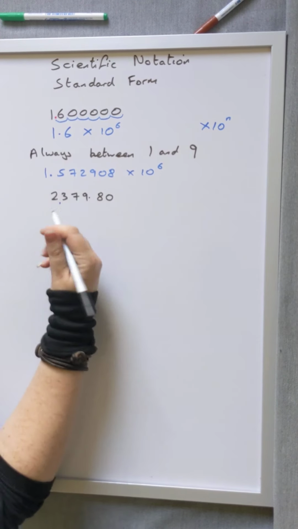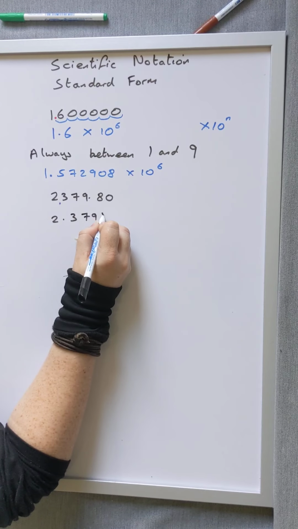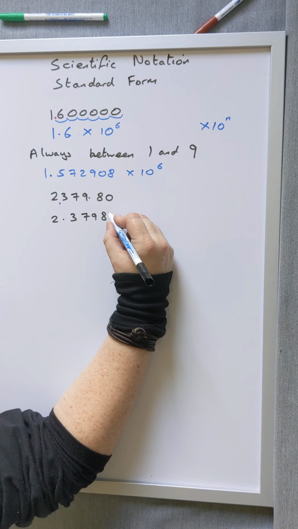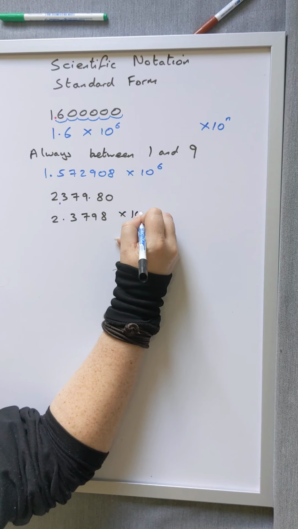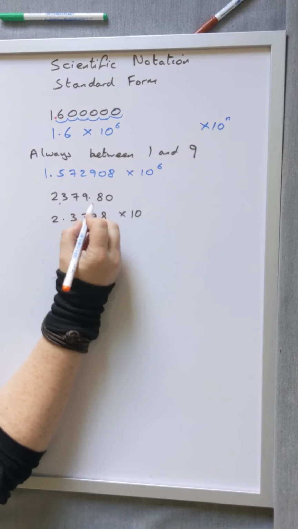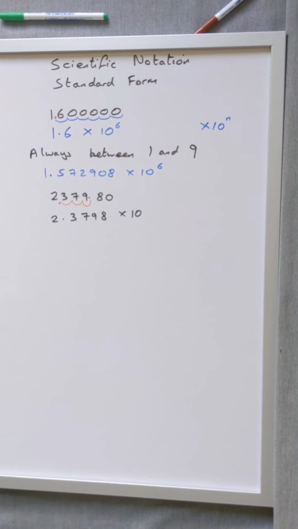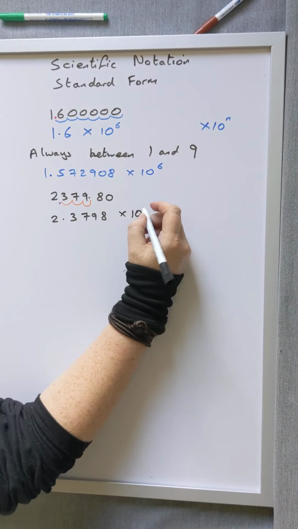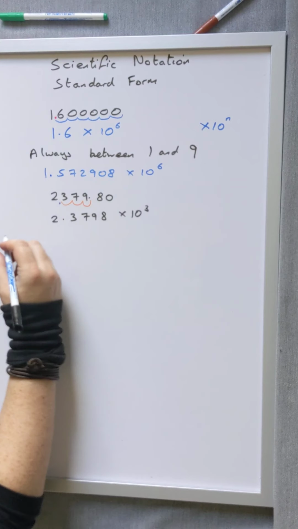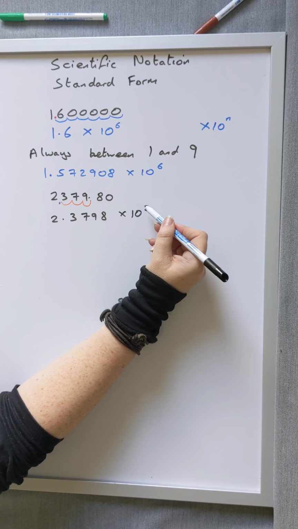So we're going to have 2.3798, we don't need the last zero, and we are going to multiply that by 10 to the how far has the decimal moved. The decimal was here, it's gone 1, 2, 3 places. So it's times 10 to the power 3. Big numbers always move us by a positive power.